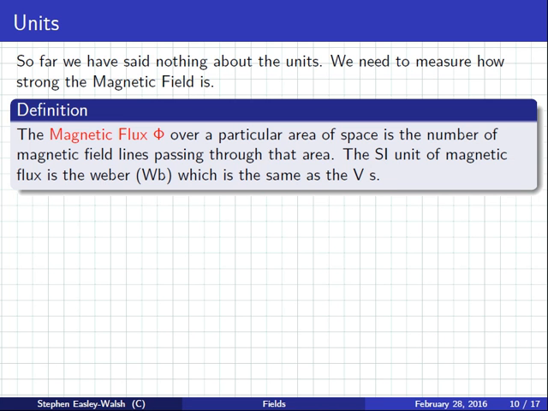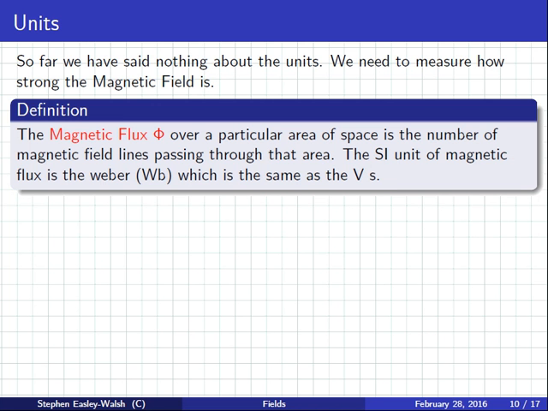So anyway, look. The Weber is like, I have an area of space, like this area here, and it's how many magnetic field lines are going through that area. So if the North Pole is here, and this is the area, you imagine the magnetic field going through this. You got the picture?